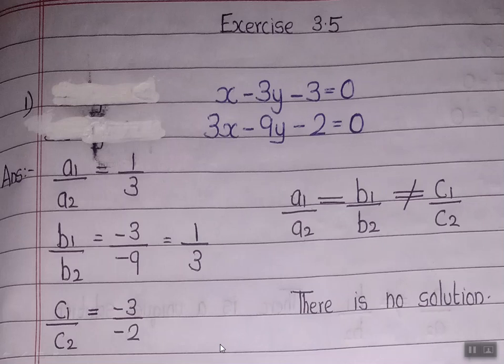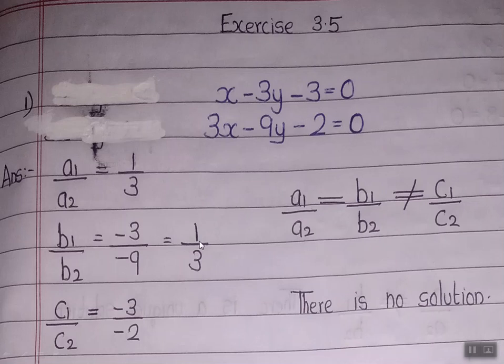The first question is x minus 3y minus 3 equal to 0, and the second equation is 3x minus 9y minus 2 equal to 0. So you are taking the ratio of the coefficients of x, y and the constants. a1 by a2. Here a1 is 1, a2 is 3. So 1 by 3. b1 is negative 3, b2 is negative 9.